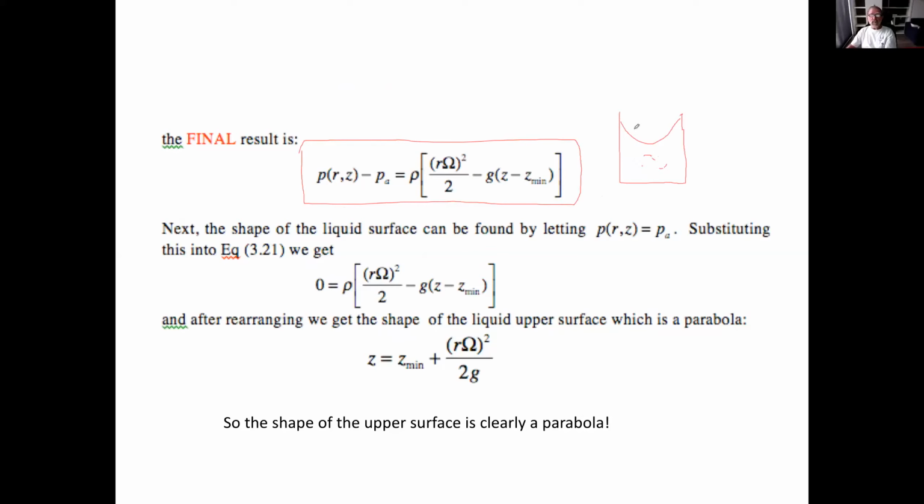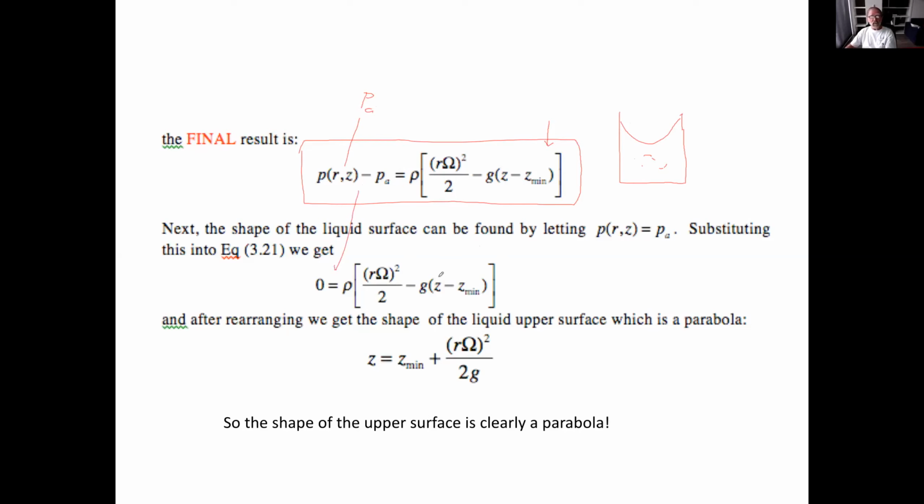Then it would be nice to figure out what is the shape of that interface, okay? So it should be included in this formula. So what we're going to do is say that the pressure on this surface is equal to P_A, and therefore we end up with this here. That is 0 equal to that.